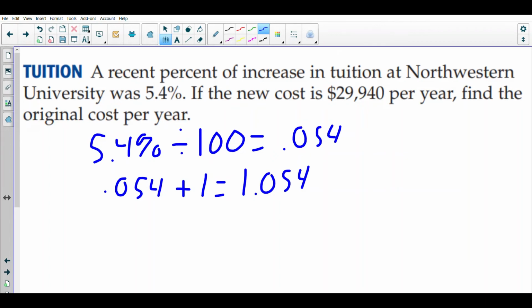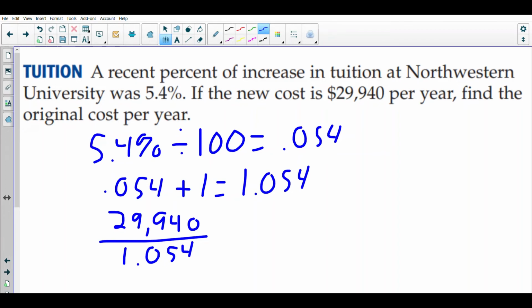From there, we follow the next step: we take 29,940 and divide it by 1.054.